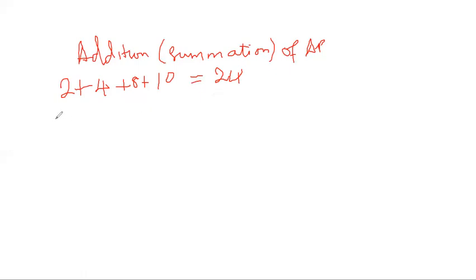But if we are given to add maybe 1 plus 3 plus 5 plus 7 plus 9 up to 99, how do we go about that?